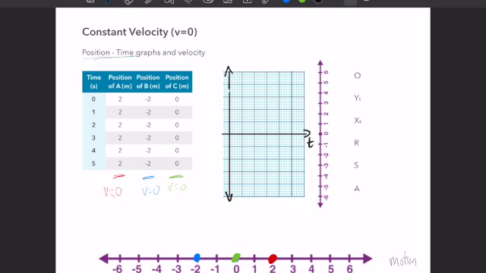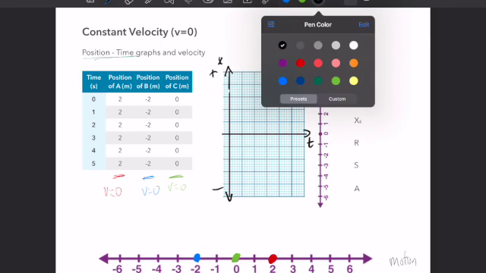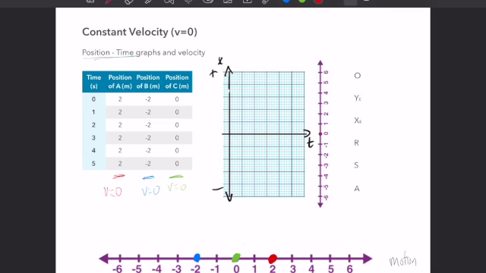So here's our time, and here is our position. Here's positive, and here's negative. So at time 0, for A, we had a position of 2, and at time 1 a position of 2, and 3, and 4, and 5.